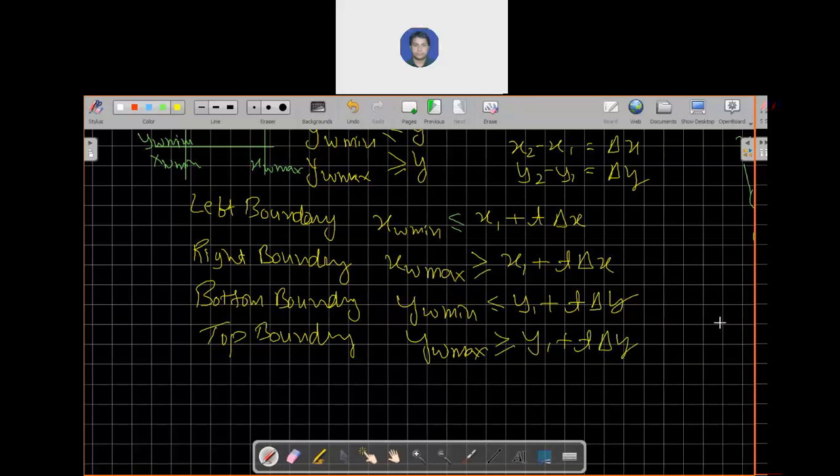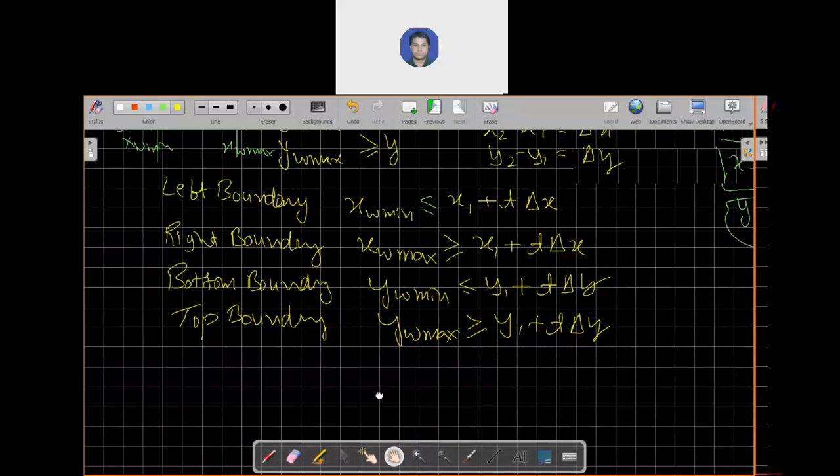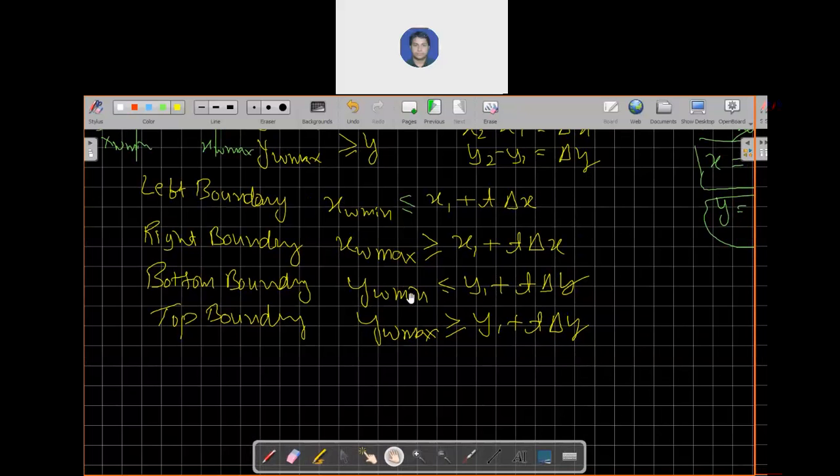I just put the value of x and y into these four inequality conditions to check whether the point is inside or outside. If you have no doubt, I am extending these four conditions to check your point. So can we write these four equations into a common form?